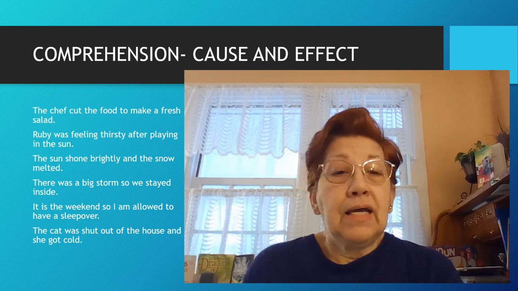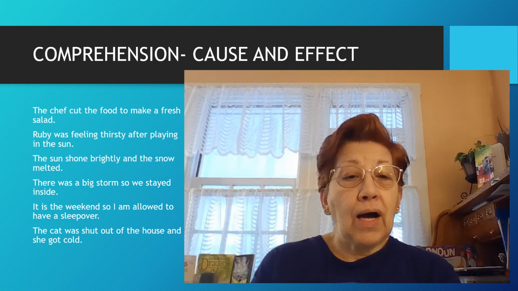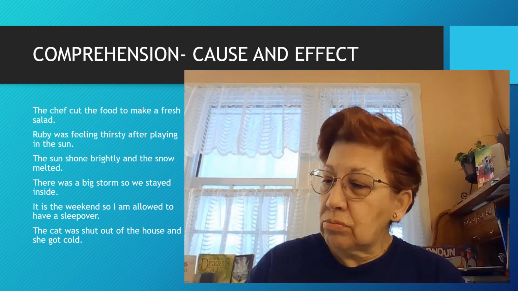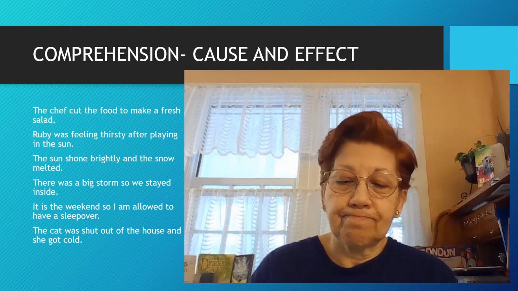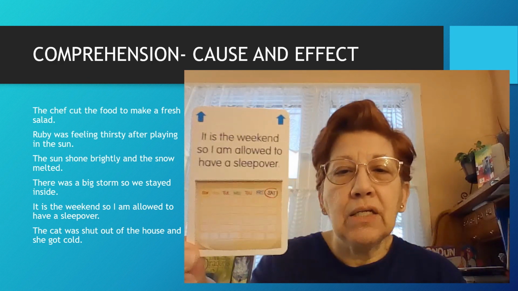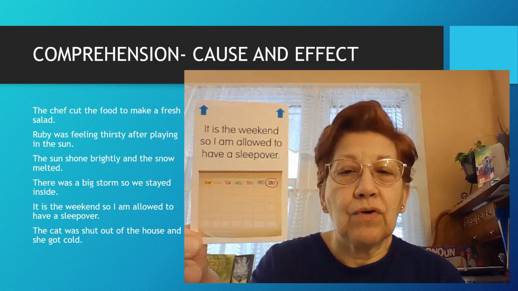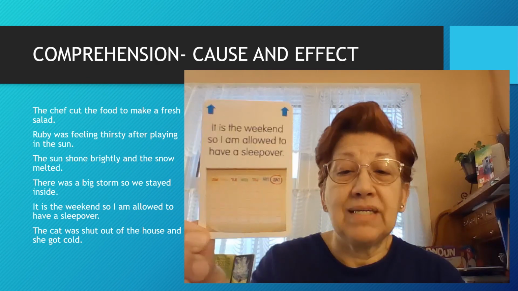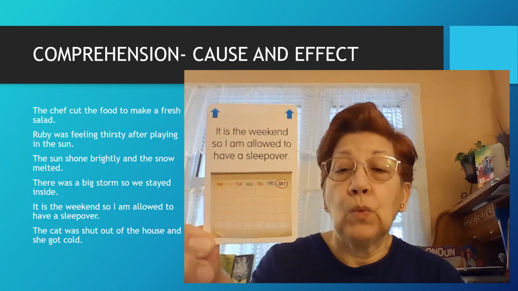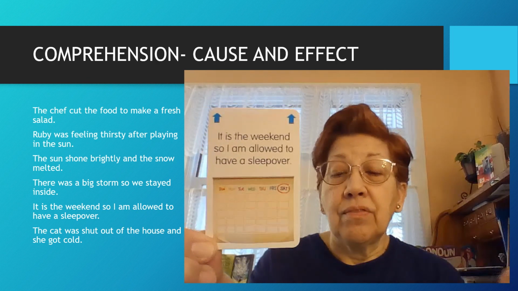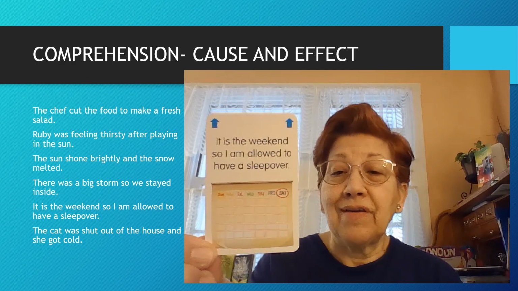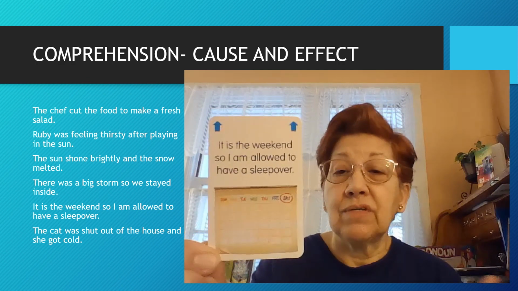Next. It is the weekend, so I am allowed to have a sleepover. So we see Saturday marked on the little calendar. So the cause, the thing that is going to allow the effect, the outcome of a sleepover.